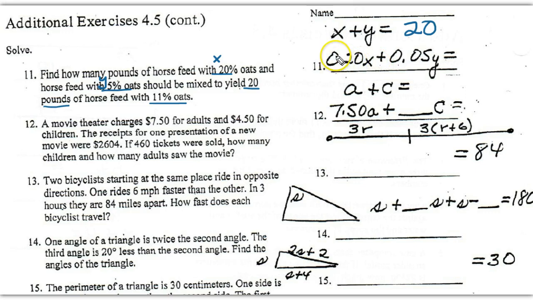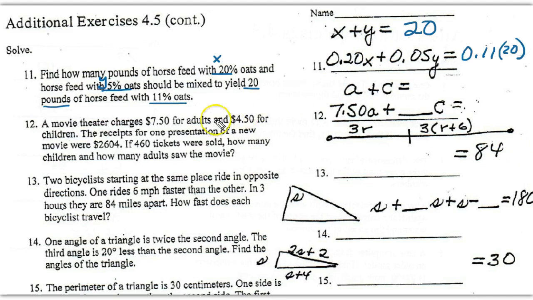Now, we have 20% of the X amount and 5% of the Y amount is going to eventually become 11%. That's what we want to get a mixture of our 20. And there's the equations. And I'd probably use substitution for that.